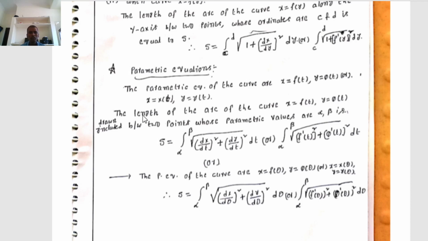Then the length of the arc of the curve x equal to f of t, y equal to phi of t, included between two points whose parametric values are alpha and beta, that is, with the limits of t from alpha to beta, is s equal to integration alpha to beta square root of (dx by dt) square plus (dy by dt) square into dt, or integration alpha to beta square root of (f dash of t) square plus (phi dash of t) square into dt.